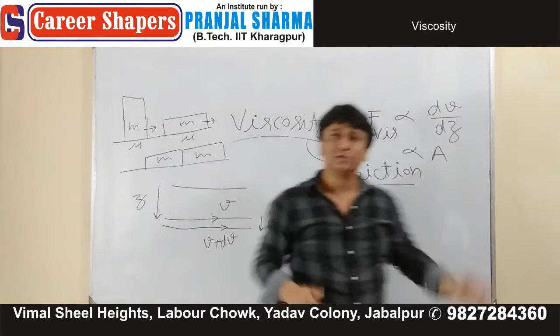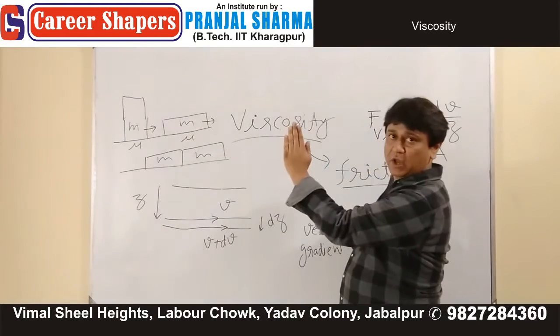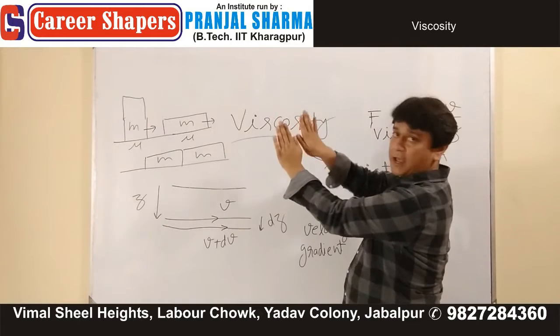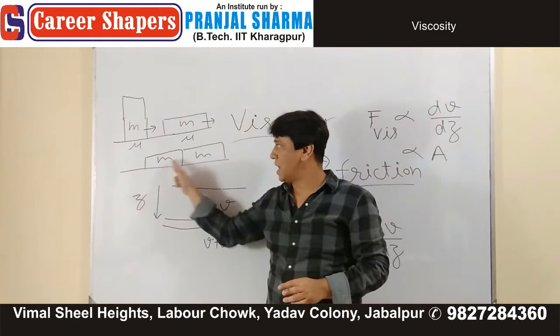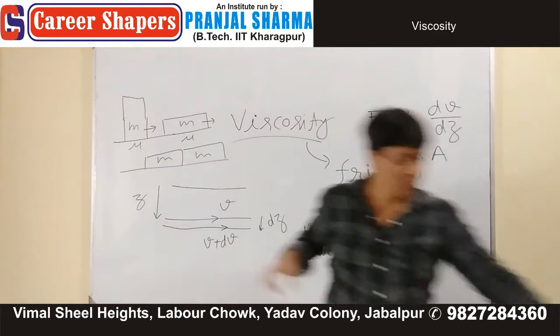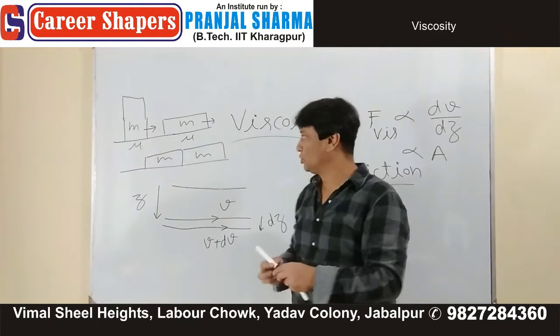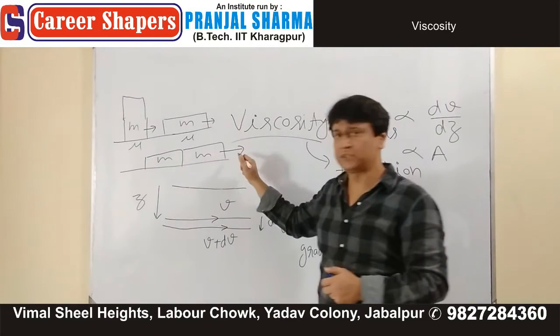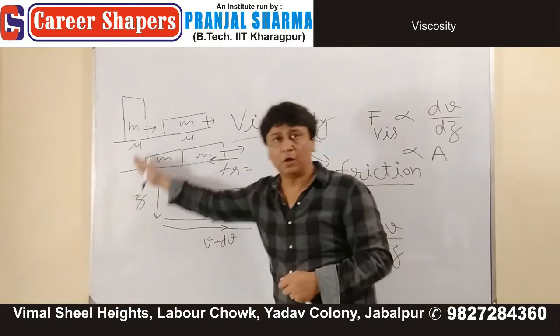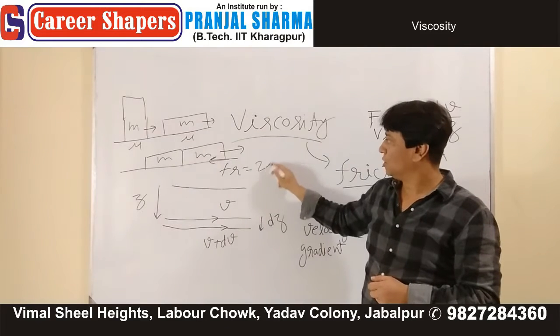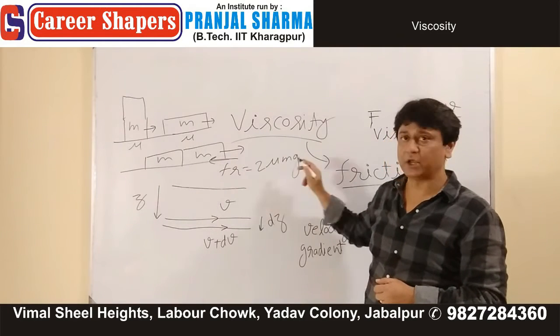But I hope you can see that if this is one layer and I increase the area, the whole thing is equivalent to having two identical masses. And if you have two identical masses and you try to push or pull this thing, then the force of friction acting on the whole will be 2 mu mg.